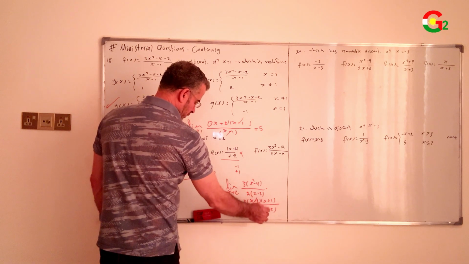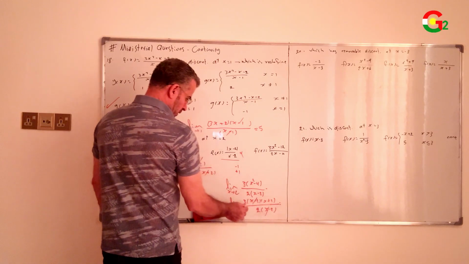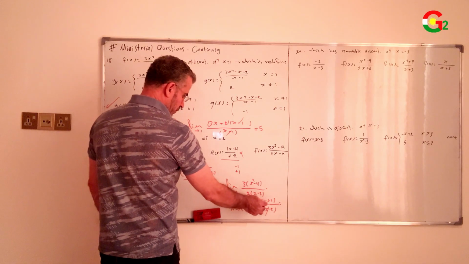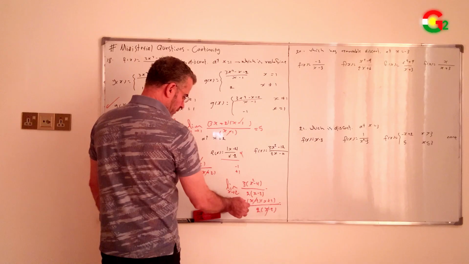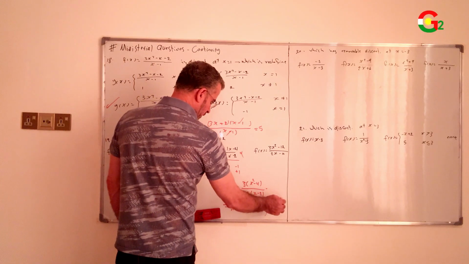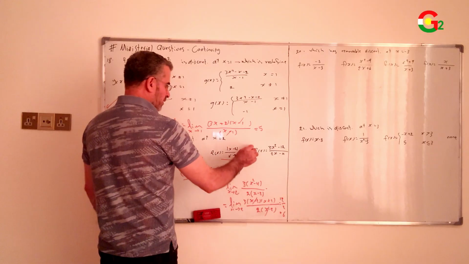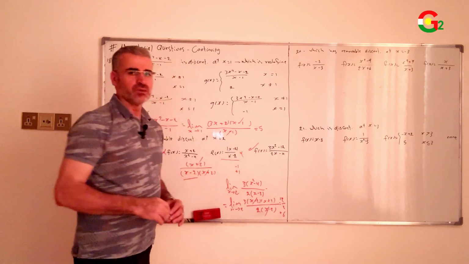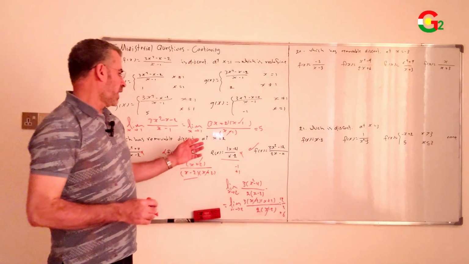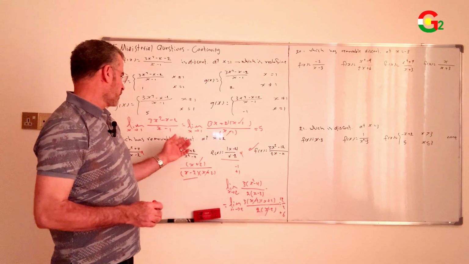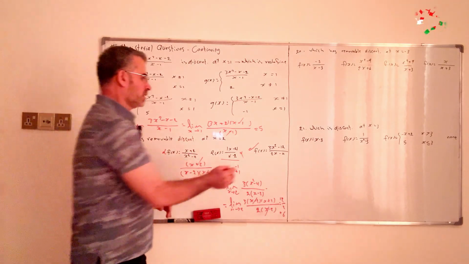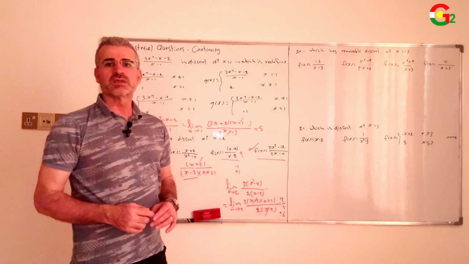Reduce x minus 2 with x minus 2. Substitute every x with 2. 2 plus 2, 4 times 3, 12 over 2 equals 6. Therefore, this function has a limit when x approaches 2, and therefore it has removable discontinuity. The right choice is D.